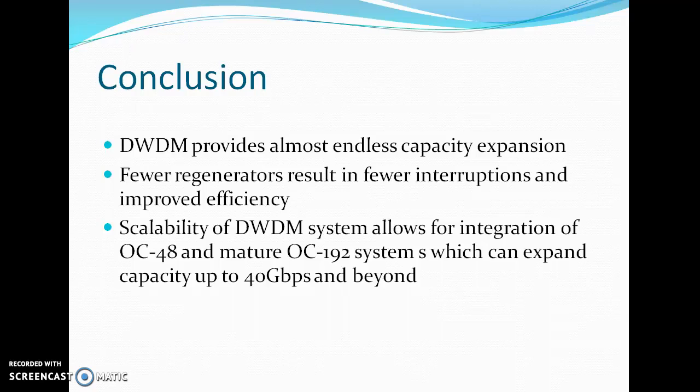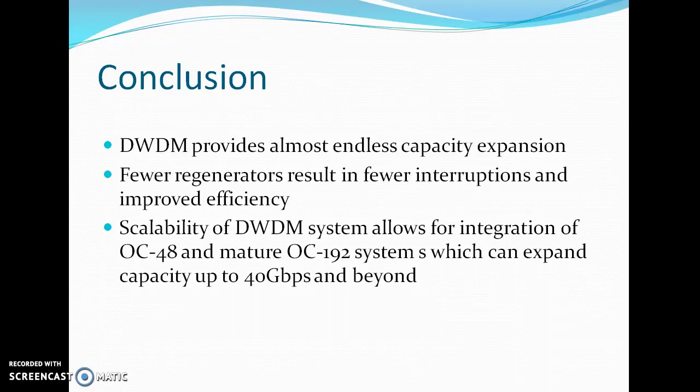DWDM systems also reduce the need for multiple amplifiers, which results in fewer interruptions and improved efficiency. Aside from being able to integrate diverse technologies into one physical infrastructure, DWDM is bitrate and format independent, and thus allows for ATM, SONET, and IP networks to be multiplexed seamlessly and without the need of conversion.